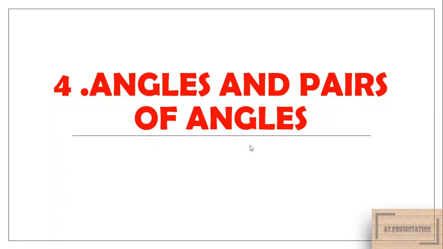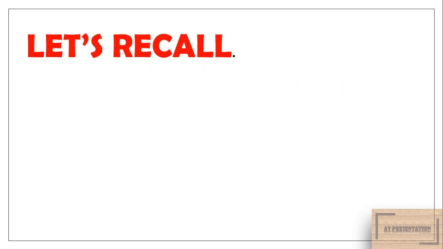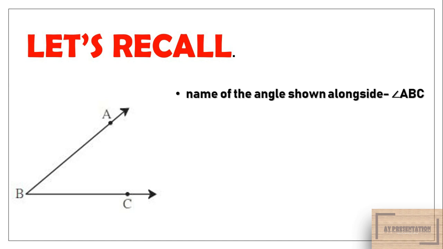Today we are going to learn a very interesting chapter, that is angles and pairs of angles. Firstly, let's recall. Student, in the previous standard we had learned about angles, their names, and their vertex.